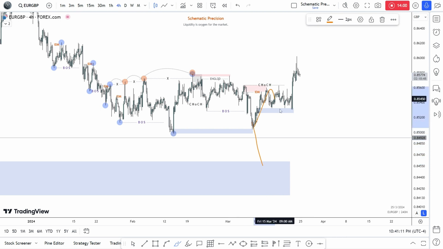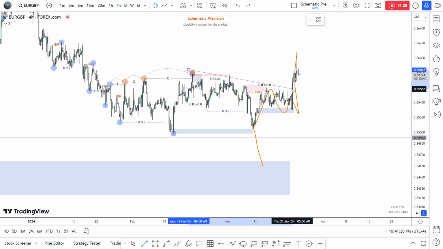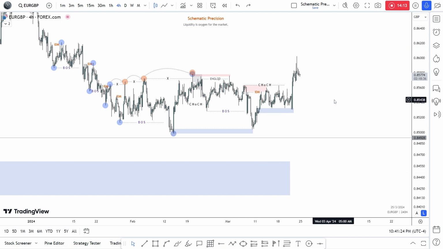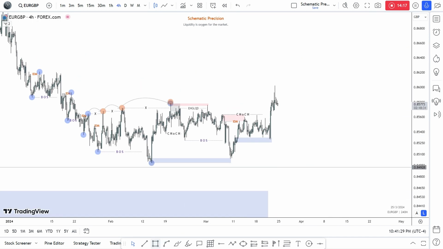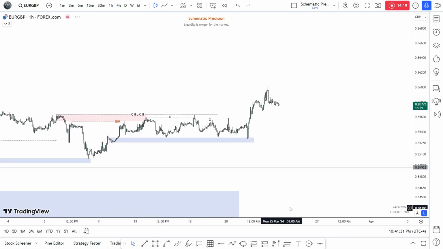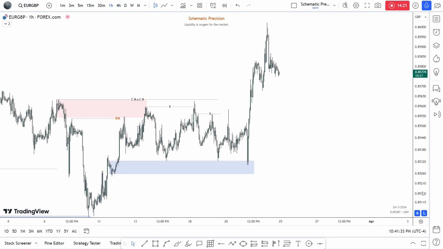So price has gone higher to take more liquidity from this area, let me mark it properly, from this area, and then fall down. So right now the situation is price has gone bullish. So expect price to continue bullish for at least one more leg, right?